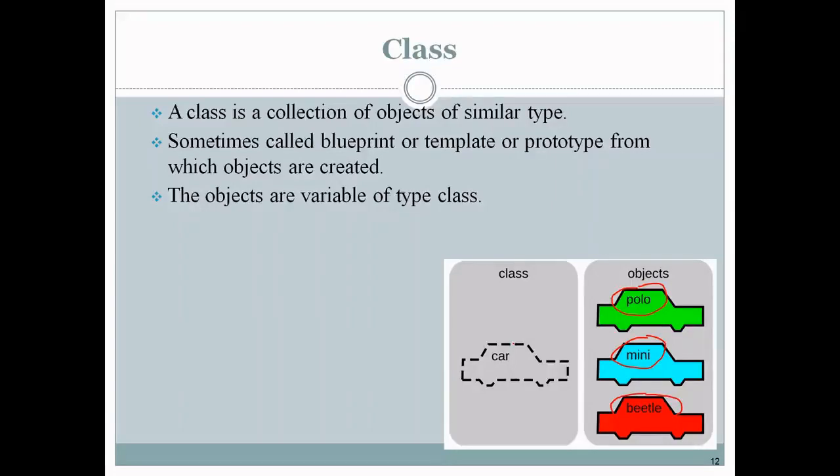Now the objects are variables of type class. As I have said, these objects act as a variable of type class. Here this polo, mini, beetle, all are the variable of type car.